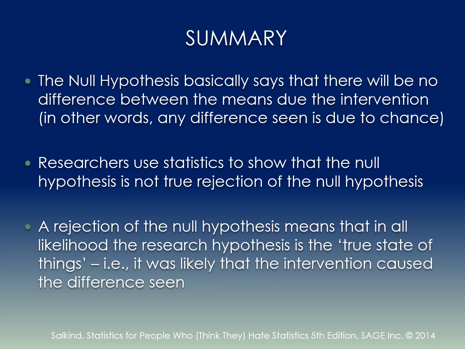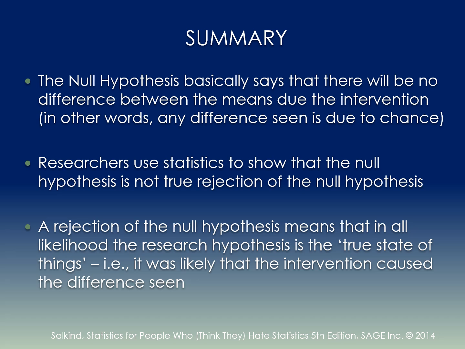So the null hypothesis says that there's no difference that you saw between the means in your study that was due to the intervention. In other words, any difference that you saw simply happened by chance. And that could even be a big difference sometimes, believe it or not. Sometimes with small sample sizes, you'll see these huge differences and you go, whoa, here we go, right? Yeah, then you've got to apply statistics.